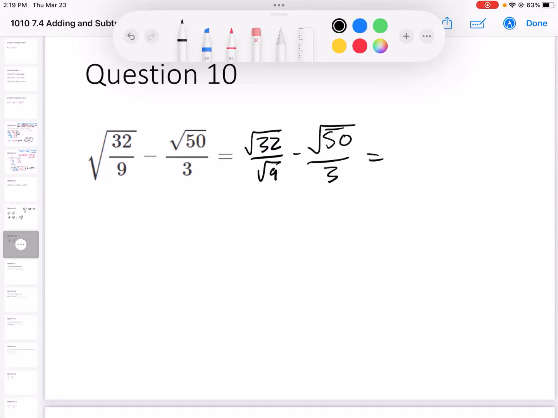And that actually makes it so you have common denominators as well, because the square root of 32 over the square root of 9 can be rewritten as the square root of 32 over 3, because this simplifies to 3. So you'd get the square root of 32 minus the square root of 50, over 3. I'm not going to finish this problem, but if you simplified these two, they would probably end up having matching radicals, and then you could combine their terms.